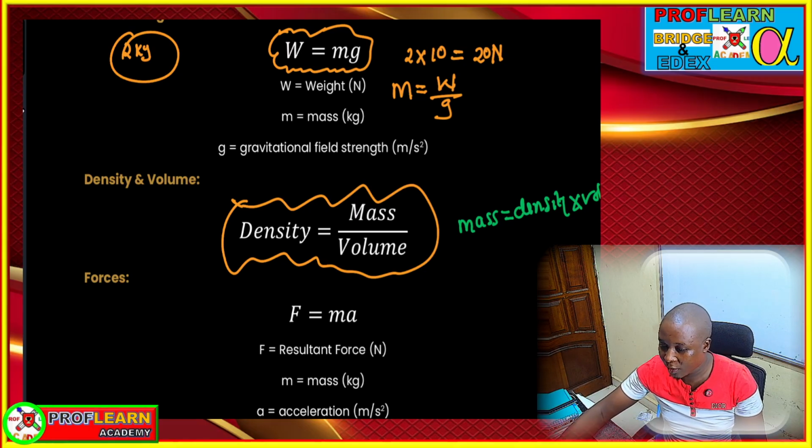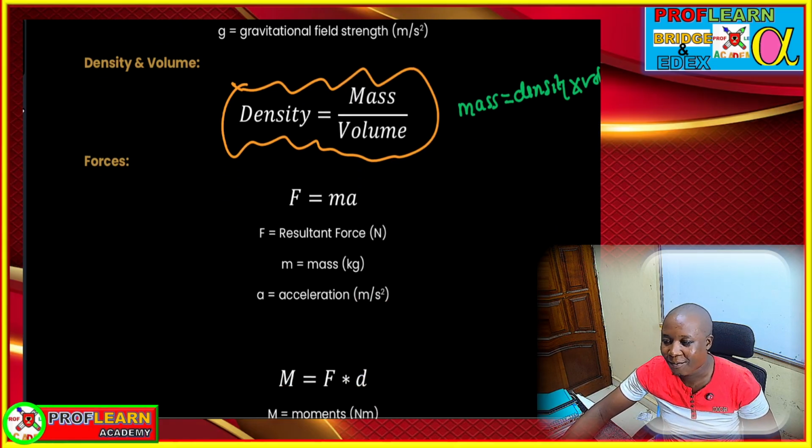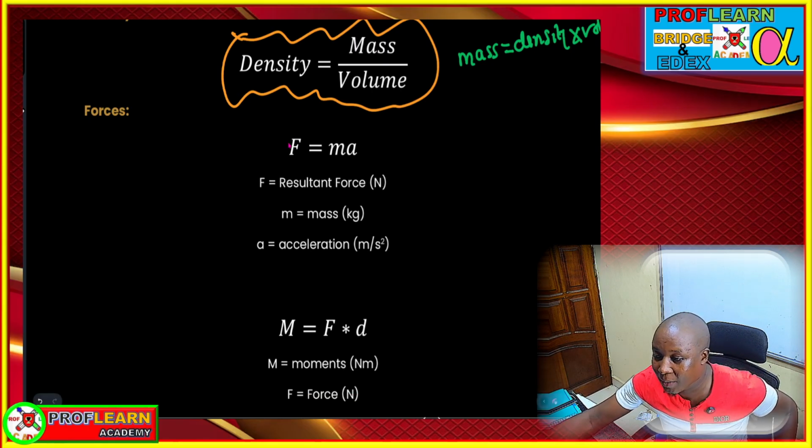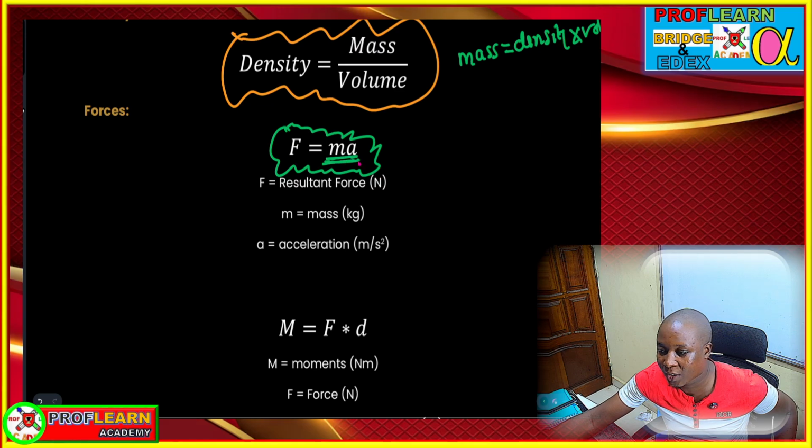Another formula that's going to be very prominent in tomorrow's exam is force equals mass times acceleration. This is Newton's second law. If you are told that there is a resultant force acting on an object and you are working out the acceleration, and the resultant force is 3 newtons and the mass is 4 kg, what is the acceleration?